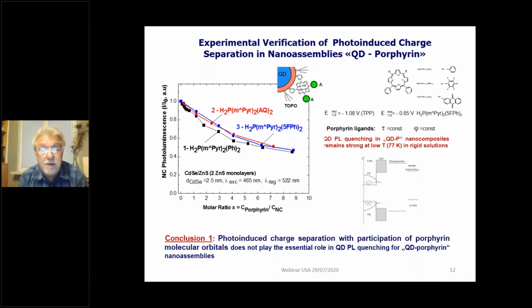First of all, we used different porphyrins with the same fixation manner, and found that when we change the redox properties of our porphyrins, we did not observe a change in the quenching effect. From these experiments, we drew the first conclusion that photo-induced charge separation with participation of porphyrin molecular orbitals does not play an essential role in the quenching of our quantum dots.